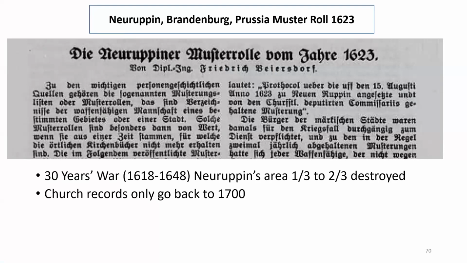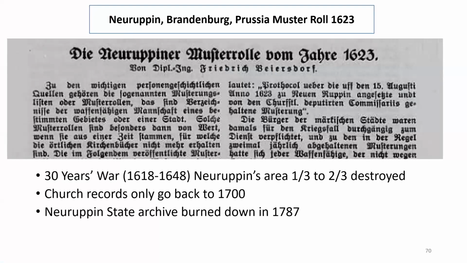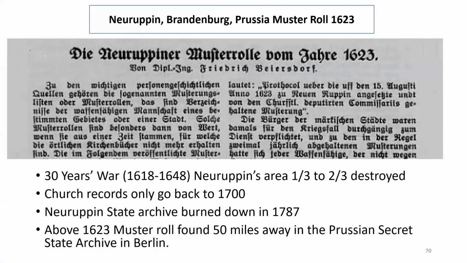The Neuruppin State Archive burned down in 1787. This muster roll should have been destroyed, but somehow it ended up 50 miles away in the Prussian Secret State Archive in Berlin, Germany, where someone found it, extracted it, and then published it in this periodical.